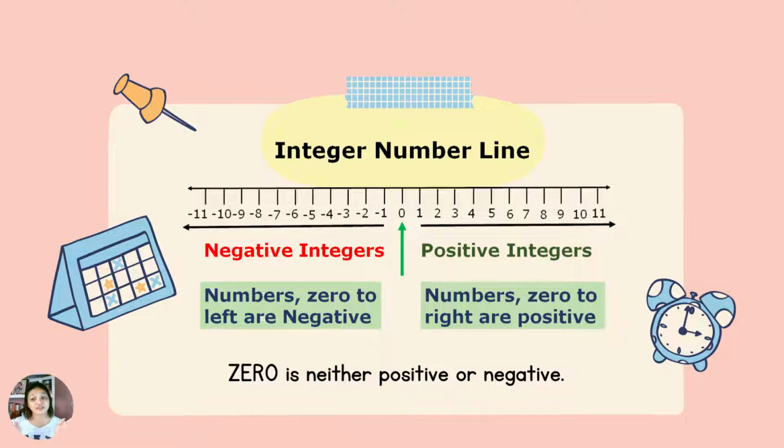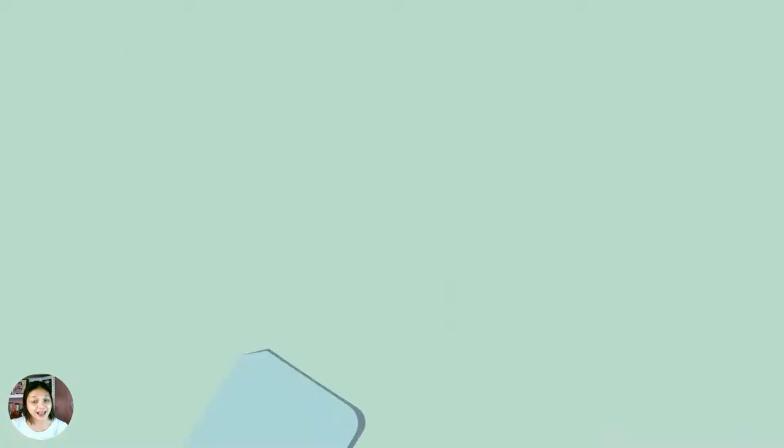Ang 0, it is neither positive or negative. Always remember, positive integers are exactly opposite of negative integers. Positive numbers are greater than 0. Palayo ng palayo sa 0 papunta sa right, palaki ng palaki yung value of number. But from 0 papunta sa left, palayo ng palayo, paliit ng paliit yung value of the number. Okay, so yun po yung always tatandaan.